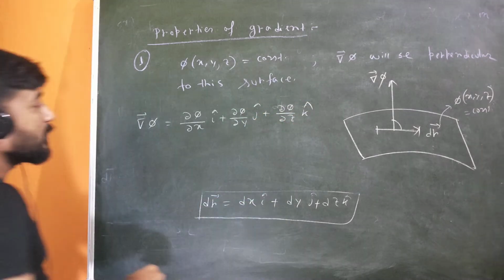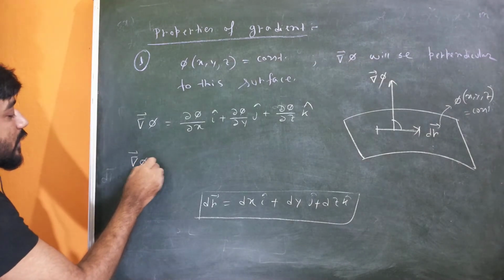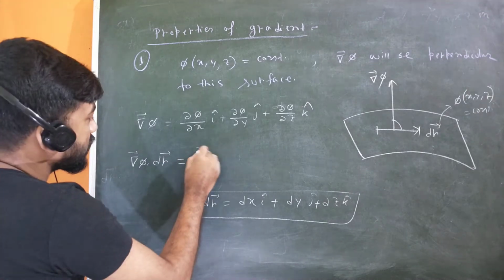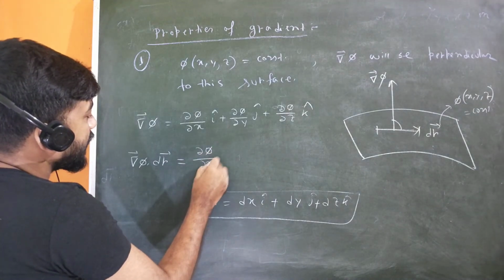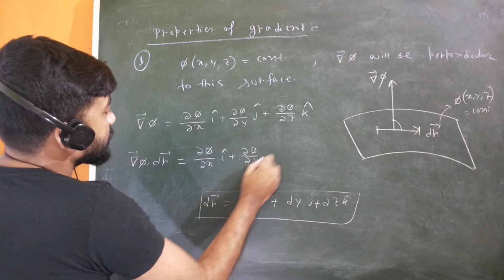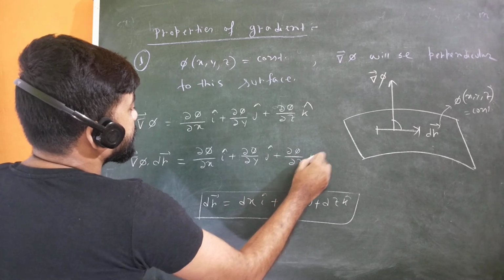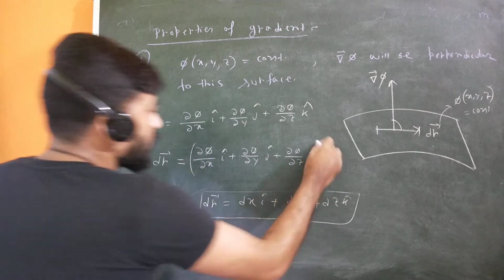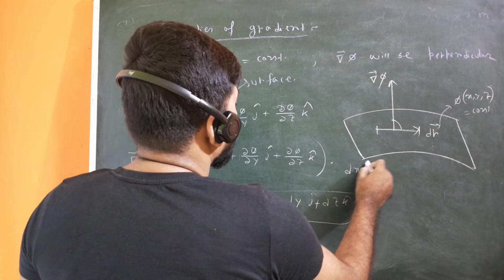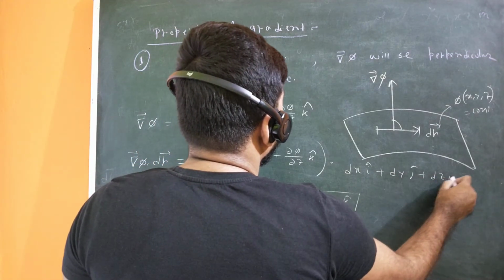Now if we take the dot product between these two, that is grad phi dot dr, then what will you get? We will get del phi/del x i cap plus del phi/del y j cap plus del phi/del z k cap, dot dx i cap plus dy j cap plus dz k cap.